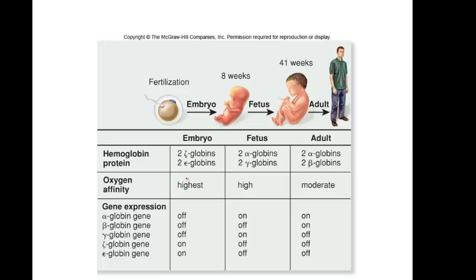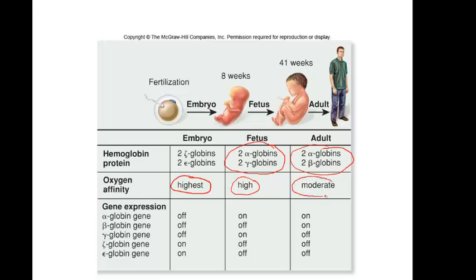During those early stages, where I need lots of energy in order to have my cells differentiate, I have the highest affinity for oxygen in order to help support respiration. As it matures from the embryonic stages to the fetal stages, the differences in makeup of the hemoglobin change its affinity. It still has a high affinity for oxygen, but not quite as high as the embryonic stages. Now let's compare that to adult hemoglobin, which is made up of 2 alpha subunits and 2 beta subunits.